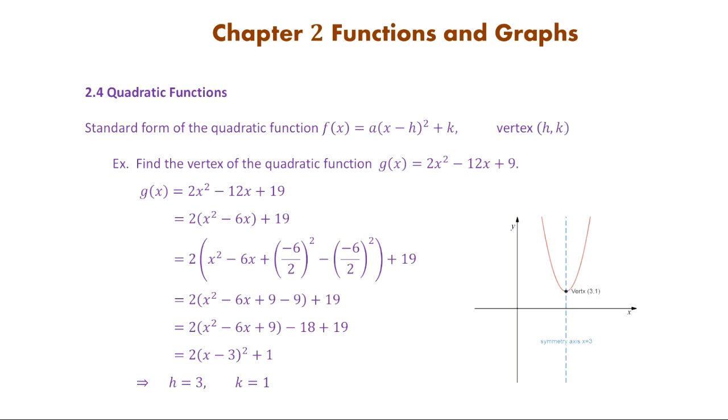That's why you add the 9 and subtract 9. That's the reason why we add the 9 and subtract 9, because it is needed to make a perfect square of x minus 3. And that's the whole point of completing the square.